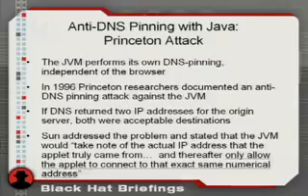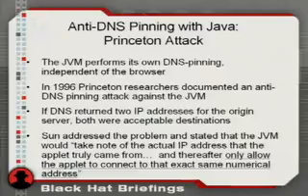As I mentioned at the beginning of the presentation, the first anti-DNS pinning attack was documented in '96 against the JVM. What the researchers noticed at Princeton was that if DNS returned two different IP addresses for the origin host name, Java would consider either one of them to be an acceptable destination for outbound sockets for untrusted applets.